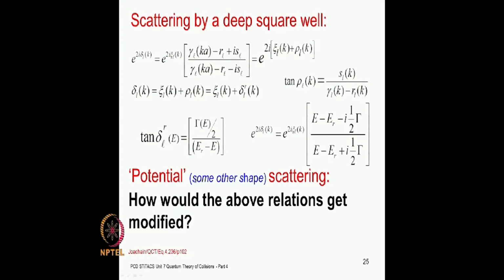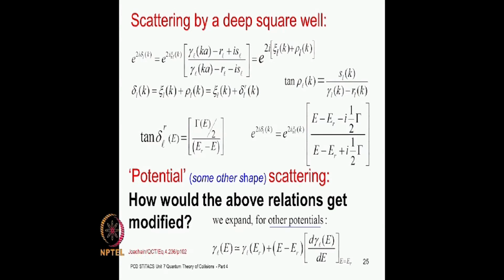And our question that we are addressing is, how will all of these relations get modified if we deal not with an ideal square well potential, but with some other potential, the prototype of which is what our figure suggested.